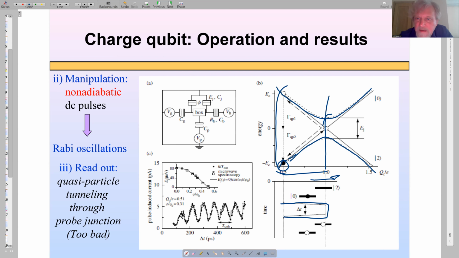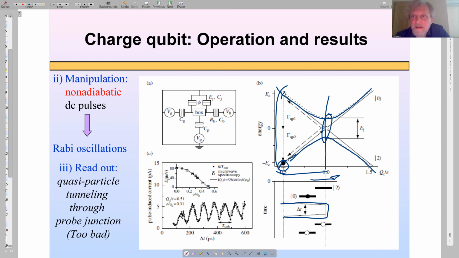The split in Josephson energy would result in rotation about the x-axis, as we see in our example of manipulation. Right. After the pulse, we are here.